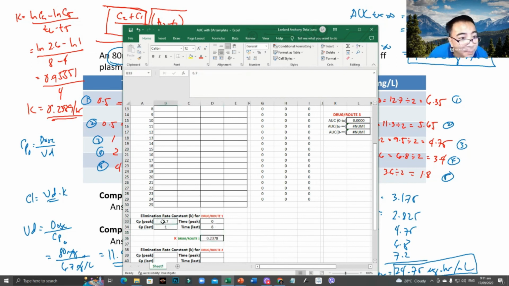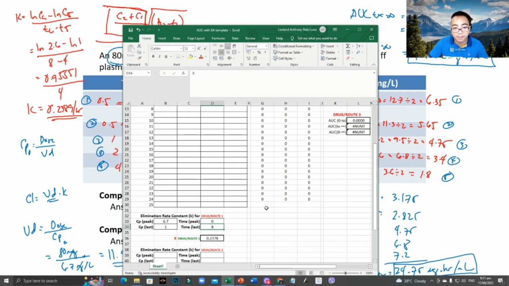Let's try using what we used earlier. 2.6, and then the peak concentration. The time here would be 4. See? 0.2389. So, pretty much the same, right? Here, 0.2389. But let's stick with our original one: 6.7, and the peak time is 0.